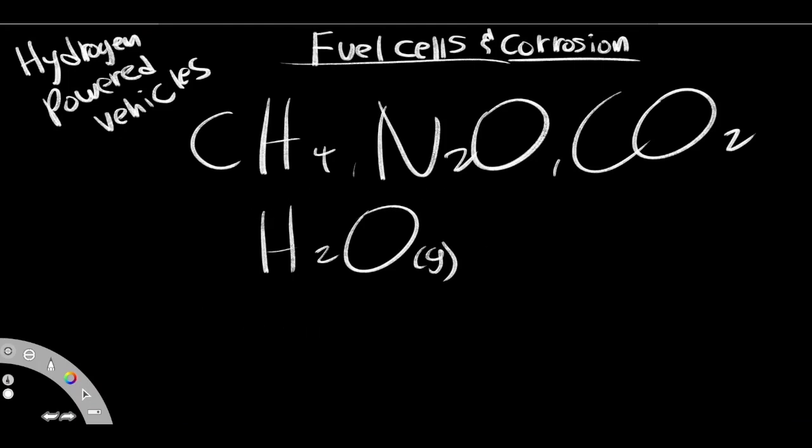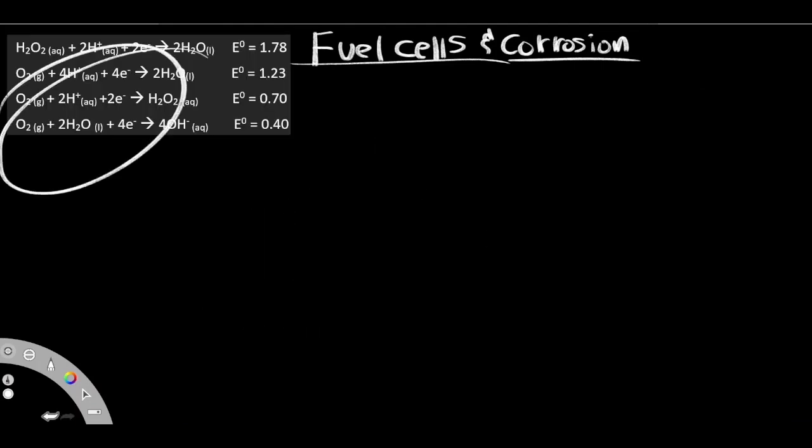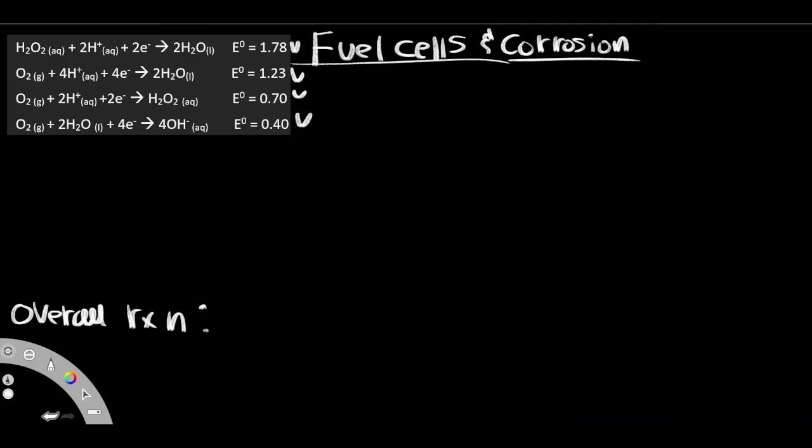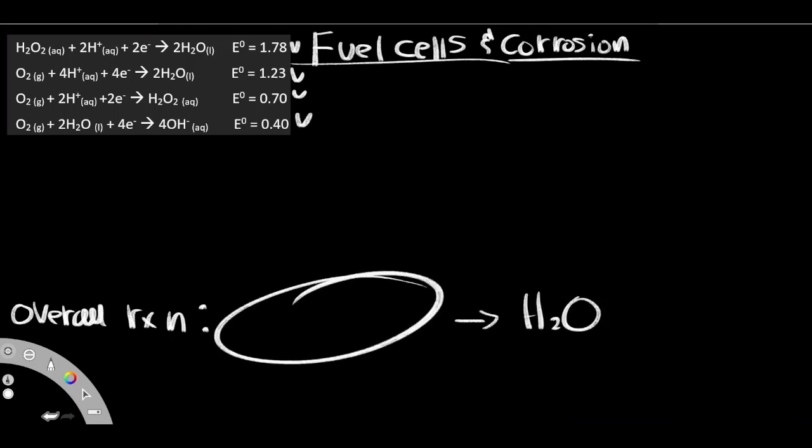Obviously very clean. Now here are a few half reactions with their pertinent standard cell potentials or voltage values over here. Obviously these are all in volts. And like I said, we want our overall reaction to have what as a product? What did I just say? Water vapor. So then what would the reactants need to be?